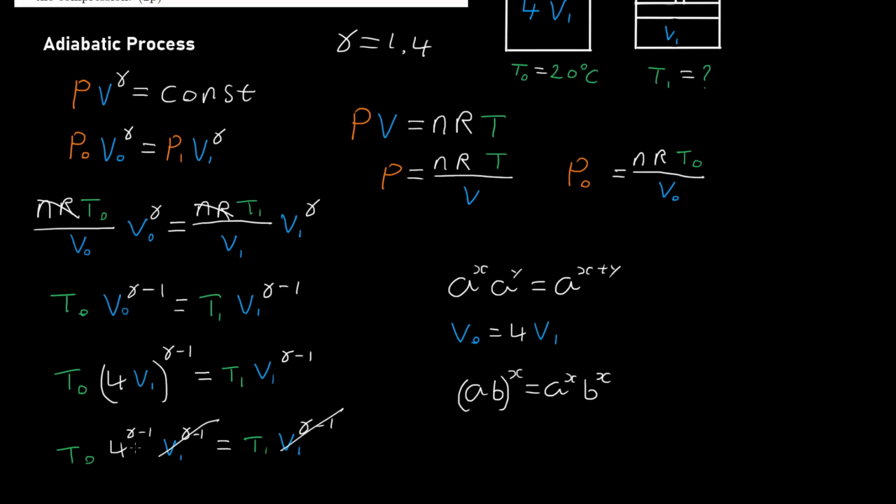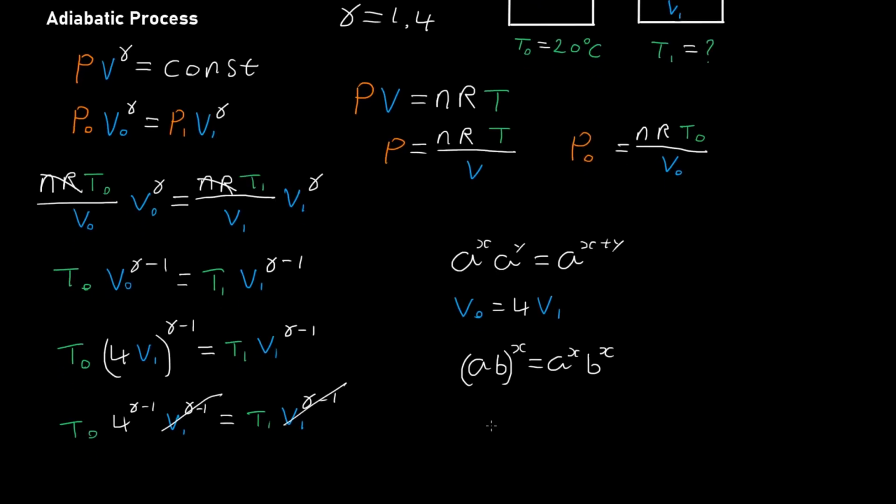And also, while we're at it, we know that gamma is equal to 1.4, so therefore gamma minus 1 is just 1.4 minus 1. We can say that gamma minus 1 just must be equal to 0.4.